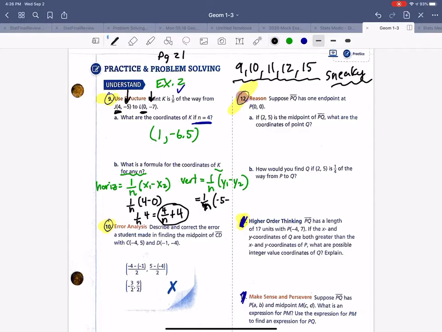They're 2 apart on a number line, so it's 2. 1 over n times 2 is 2 over n. I add back in my y coordinate, and when I add a negative, it's the same as subtracting, so -5. This is my x coordinate and that's my y. Written as a coordinate: (4 over n plus 4, 2 over n minus 5). All right, that was tough.